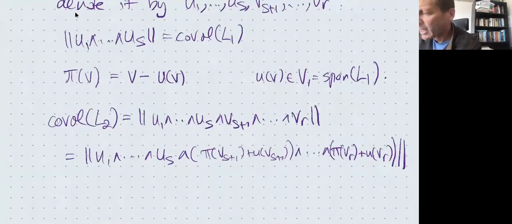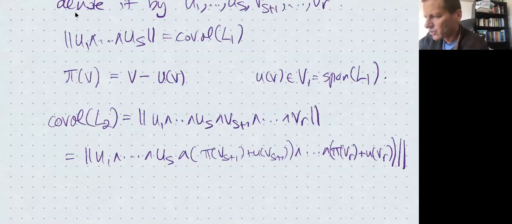And by the same argument that I gave you before, all of these terms, when the brackets are opened up, are going to meet elements in the same space that contains them, and they're going to give us zeros.